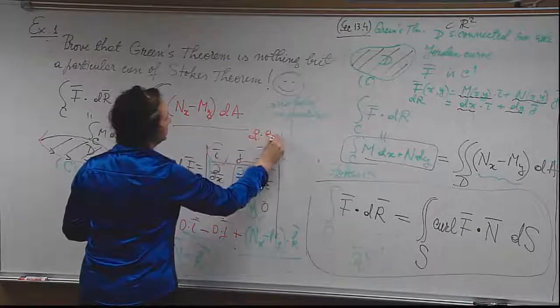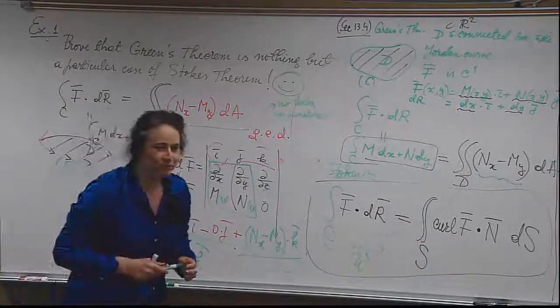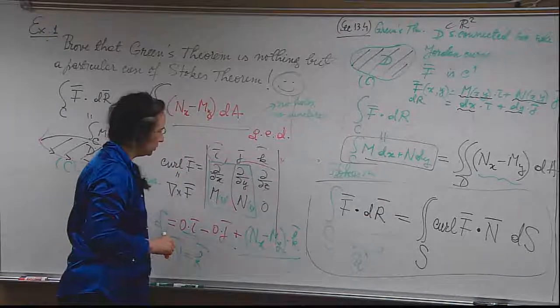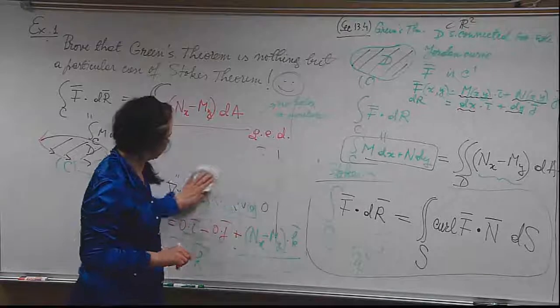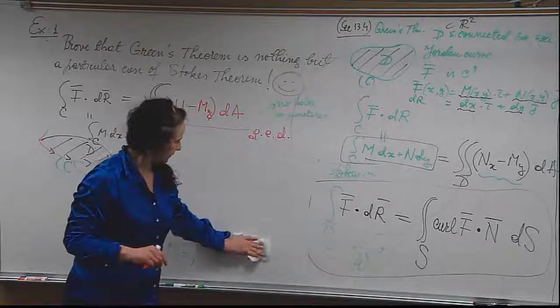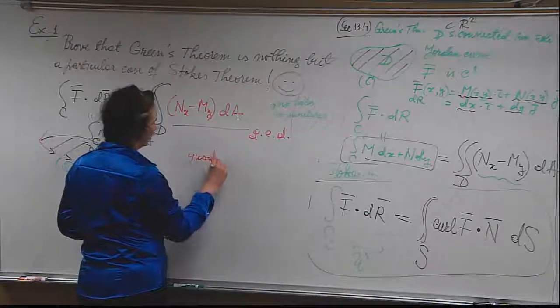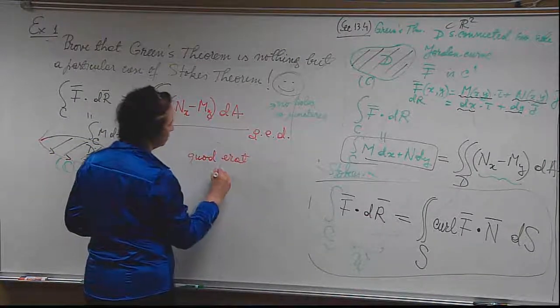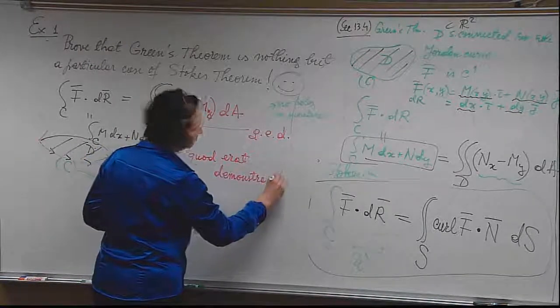QED. What does it mean, QED? I have a dollar, which I don't have, for the person who would tell me what that is. In Latin, quod erat demonstrandum, which was to be proved.